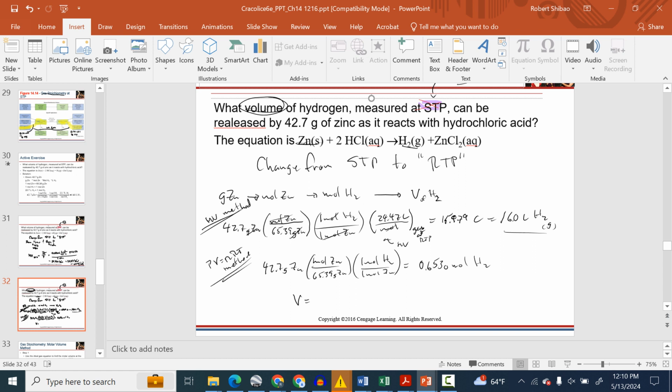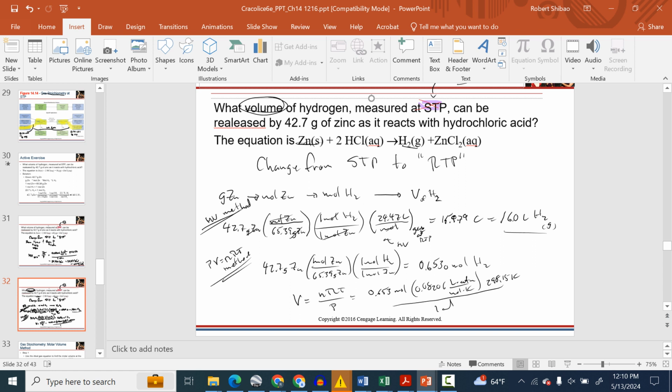Then I'm going to plug that into the ideal gas law. V is equal to nRT over P. I have 0.653 moles of hydrogen times R, 0.08206 liters times atmosphere per mole Kelvin, times T. I'm using 298.15 Kelvin.